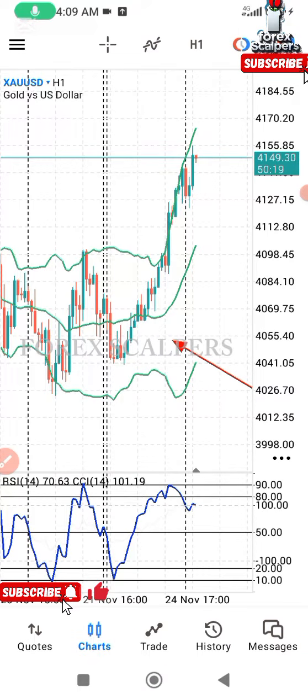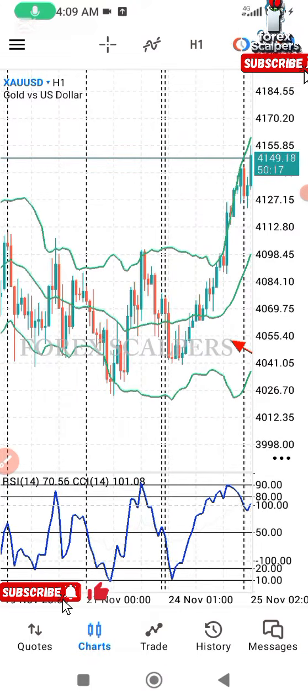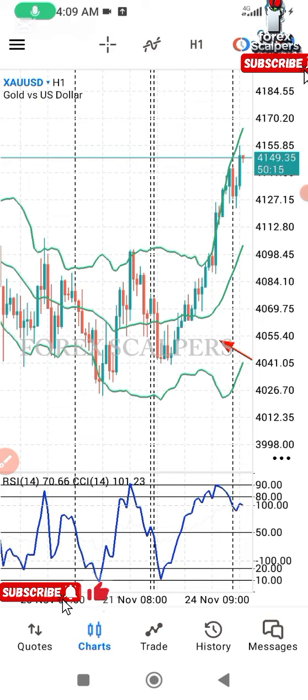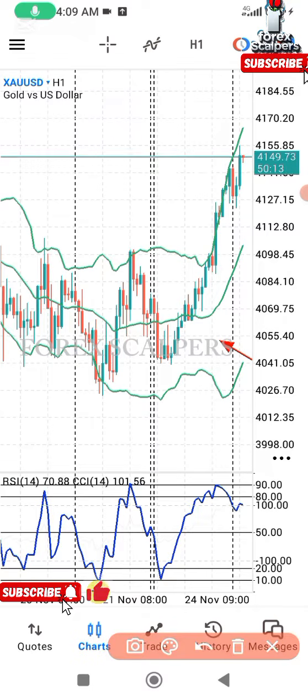However, this is not traded in isolation. What do I mean? Because you just saw price around the lower Bollinger Band and CCI around the level of 20, that is not enough for you to just jump in and buy. That's the first thing I want you to understand.